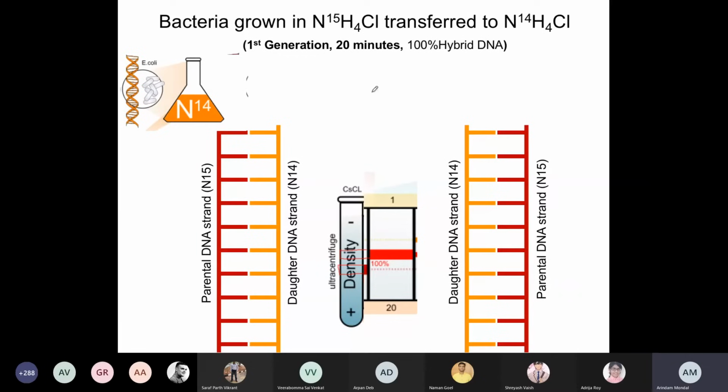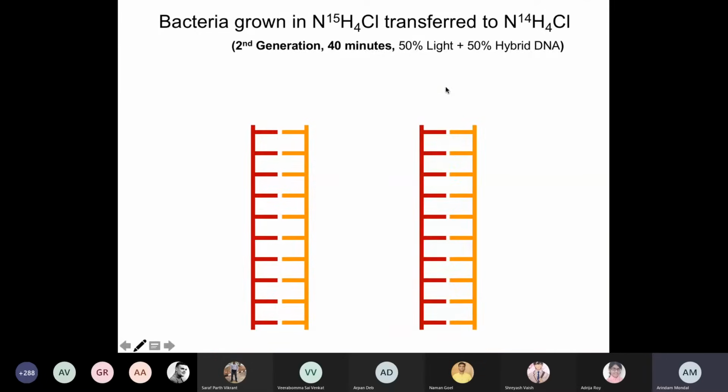Now what will happen if you collect the DNA after 40 minutes, that is, at the end of the second generation? Let's see what would happen. So at the end of the first generation, what do you have? 100% hybrid DNA molecules, right?